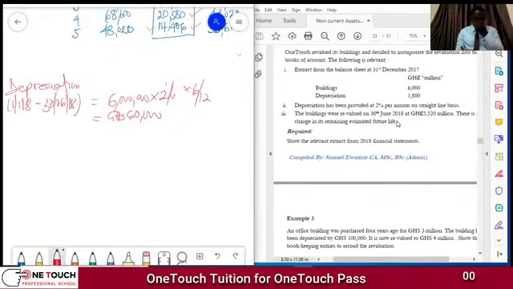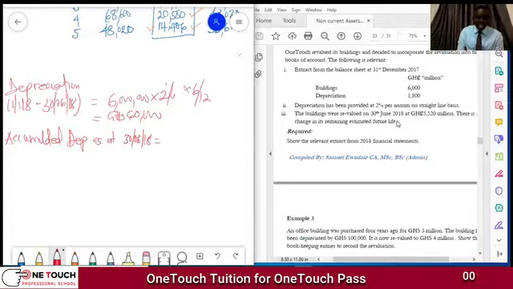That's 60,000. Good. So let's look at accumulated depreciation as at 30th June 2018.